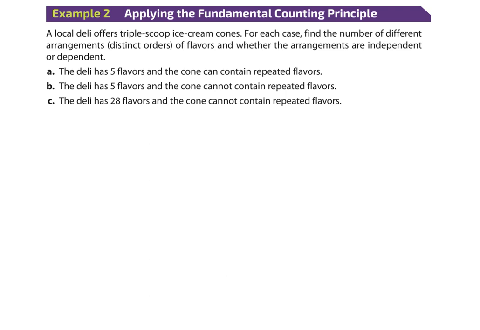If it doesn't matter if you repeat, then it doesn't matter what you do the first time, which means I have a triple scoop, so triple meaning 3. So for A, my first scoop, I have 5 options there. My second scoop, I have 5 options, and my third scoop, I have 5 options. There are 125 different possible ice cream cone combinations. You wouldn't think there would be that many, but there are, from just 5 flavors.